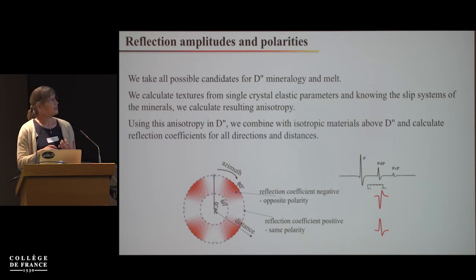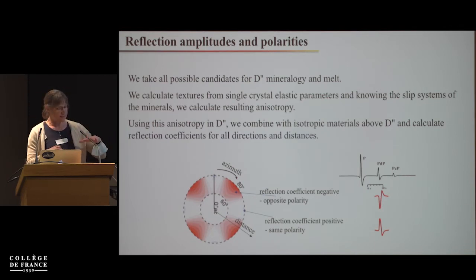Using this anisotropy in D double prime, we use isotropic materials above D double prime and calculate the reflection coefficients then in all directions. And what you will see then are these kind of graphs where you have the reflection coefficient for different distances from 60 to 80 degrees. And then in all directions, and the zero direction is the direction of flow.